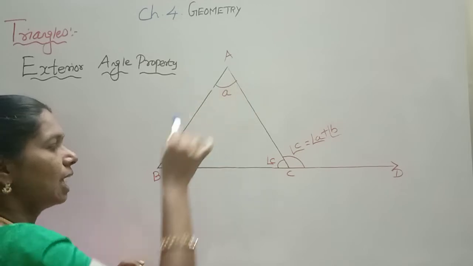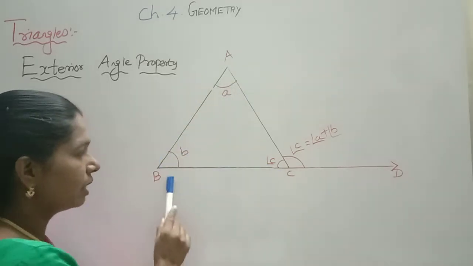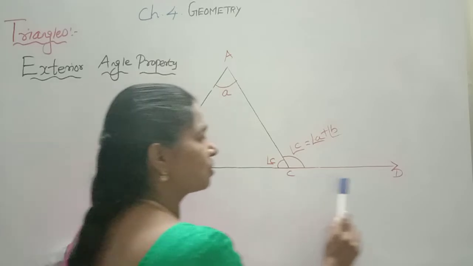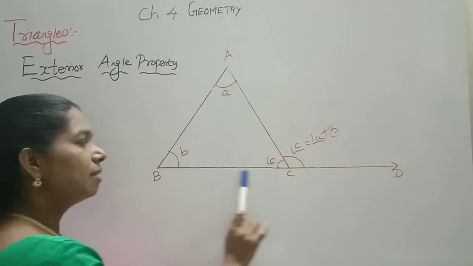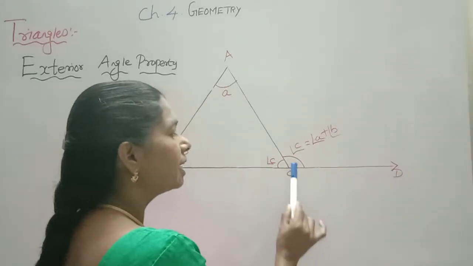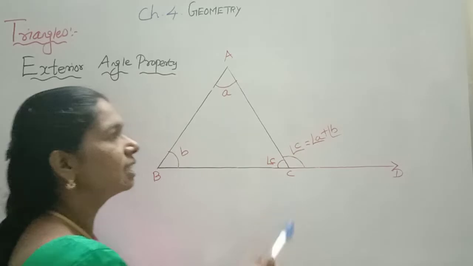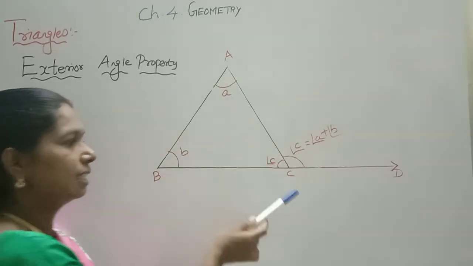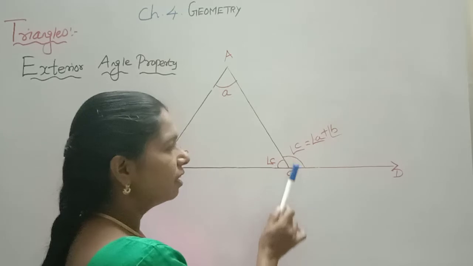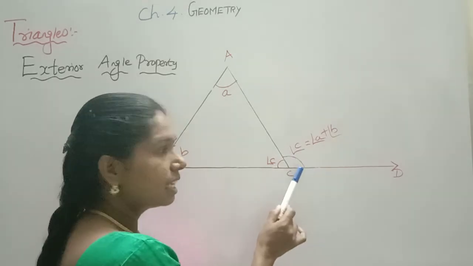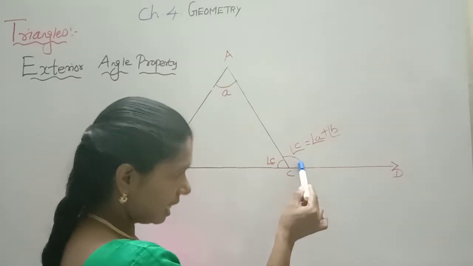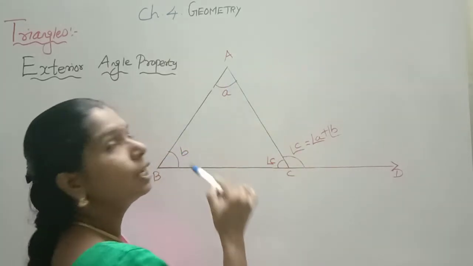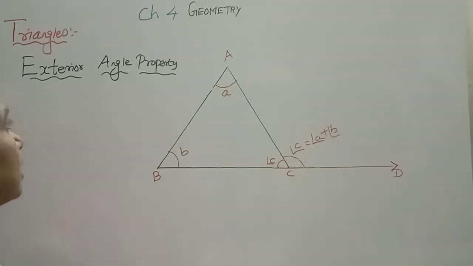Here triangle ABC is given and one side of the triangle, BC, is stretched to D. Stretched means extended. On stretching the side, we get an angle here. This angle is called the exterior angle, and this exterior angle will be equal to the sum of the two interior opposite angles. That property is called the exterior angle property.